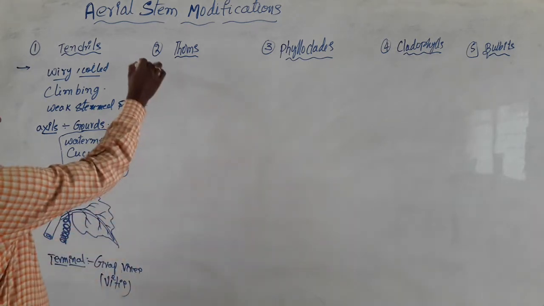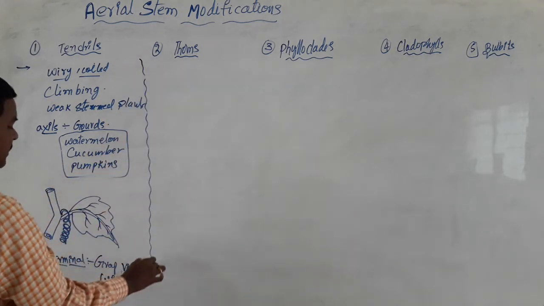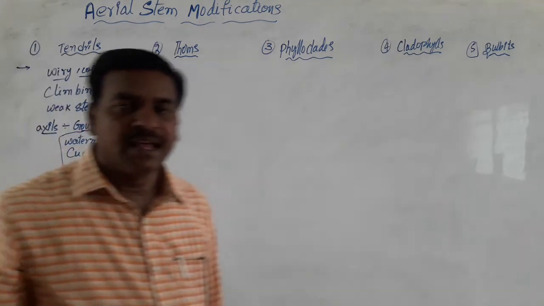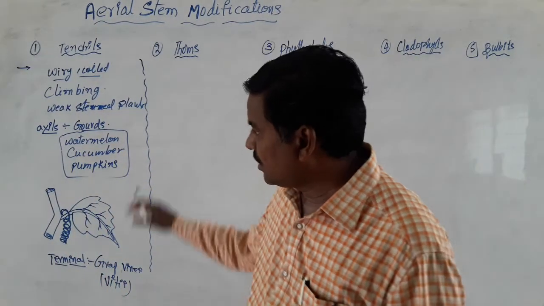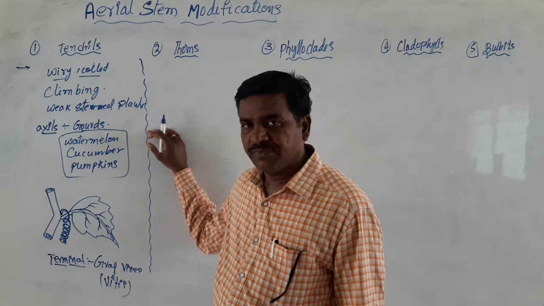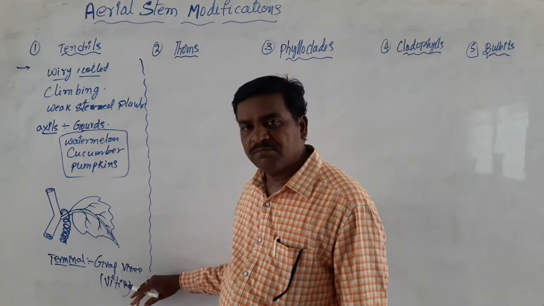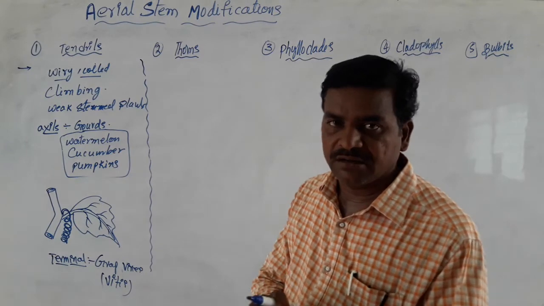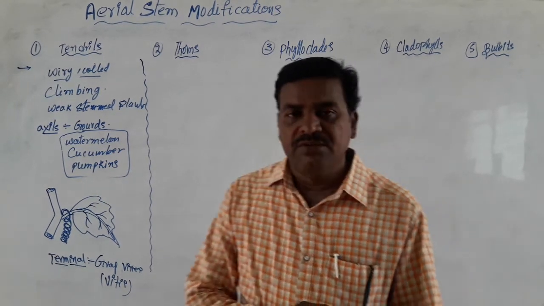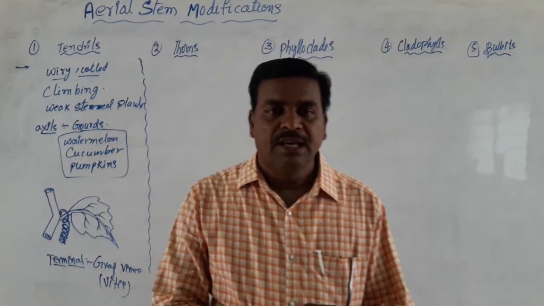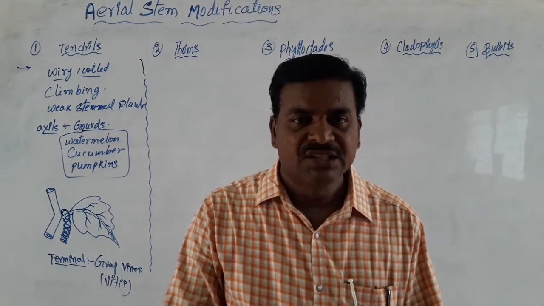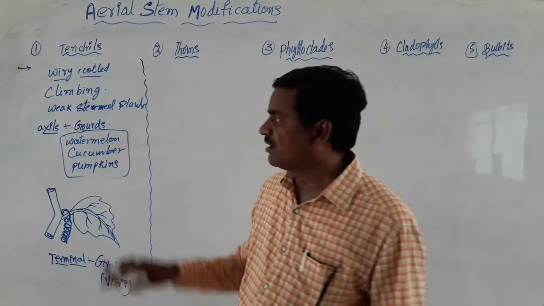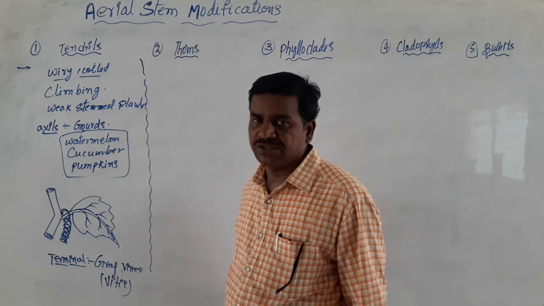In this way, this type of tendrils may be developed either from axillary buds like cucurbits, or from terminal bud as in Vitis vinifera. Anyhow, they are generally present in weak stemmed plants. They help in climbing. Wiry coiled sensitive delicate organs are considered as tendrils.